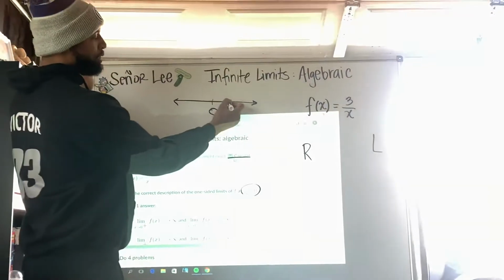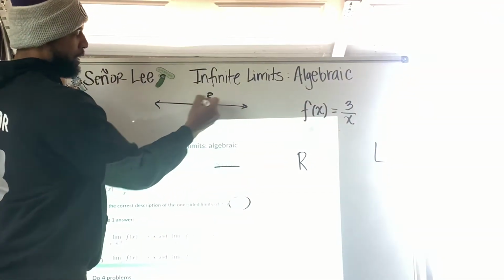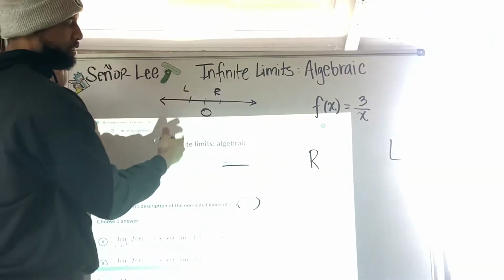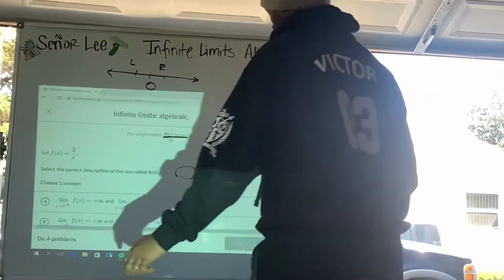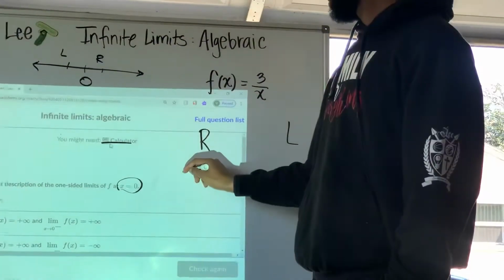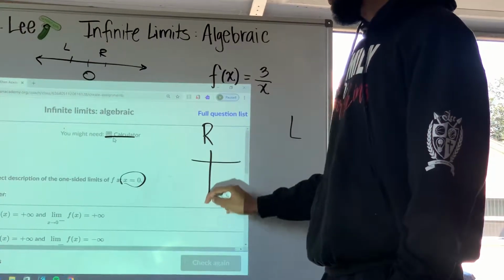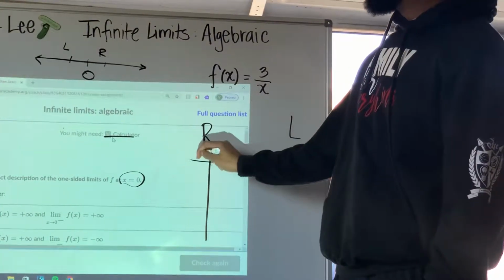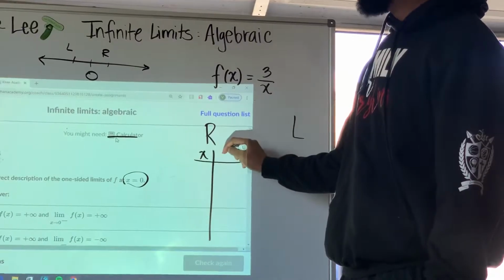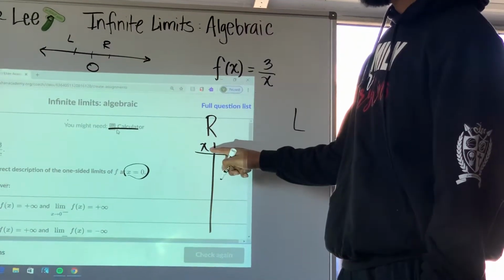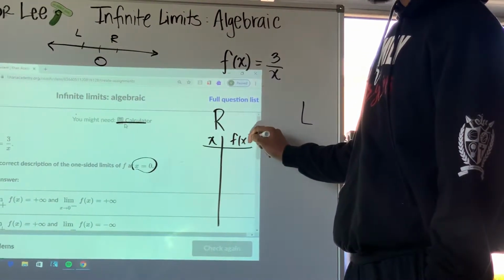I want numbers on the right side of 0 and numbers on the left side of 0 as well, but working with the right, I'm gonna choose x values on the right side. So this is f of x.